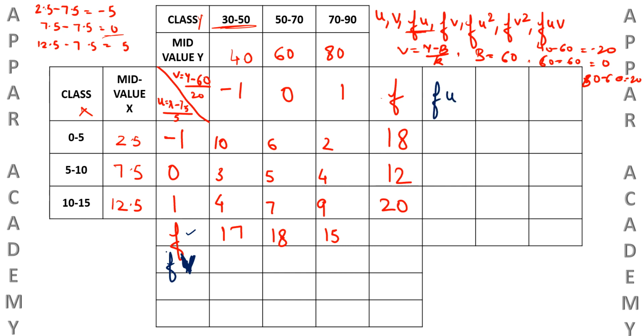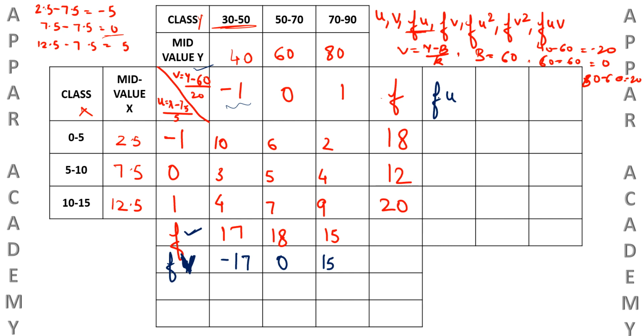When we are saying fv, we need to simply multiply f by v. So irrespective of what value x takes, we need to multiply v with the frequencies of f, that will give us fv. So this is minus 1 into 17 is minus 17. 18 into 0 is 0. 15 into 1 is 15.